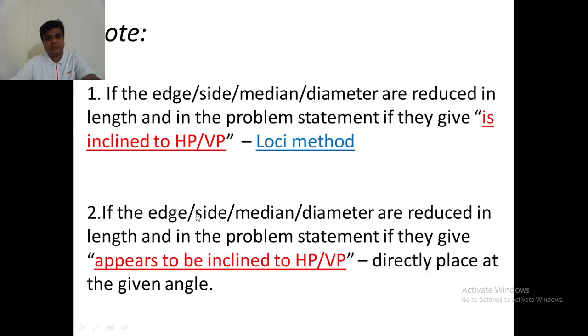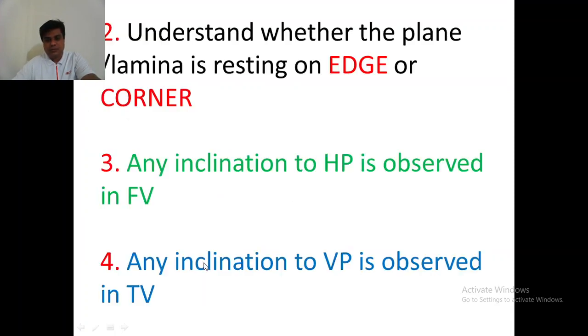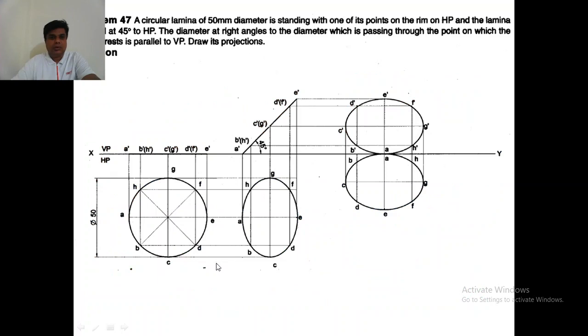This procedure applies to all problems based on planes, and even solids also. Whenever a problem like this is given, you have to follow the loci method, or you can do it directly.